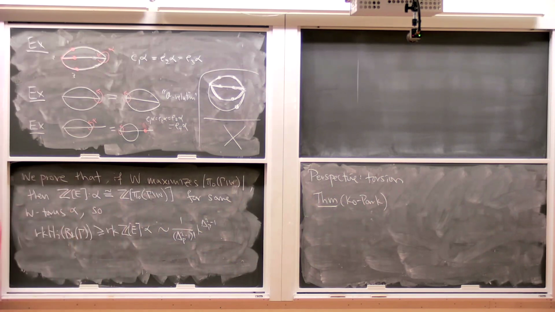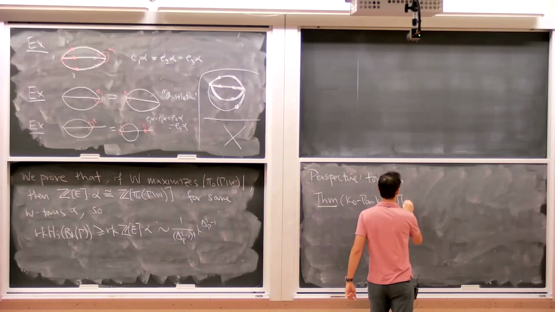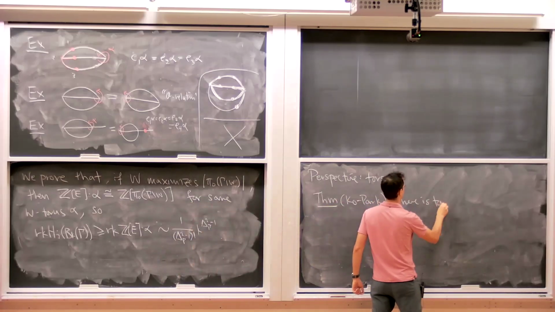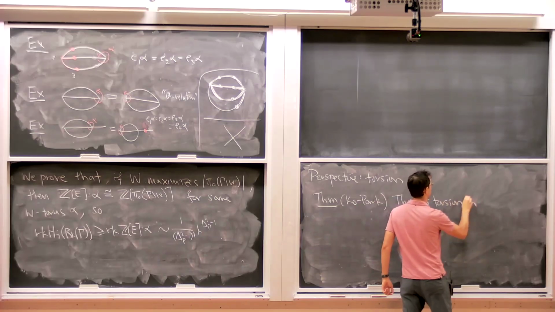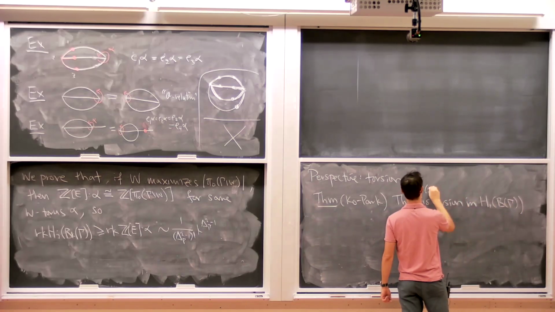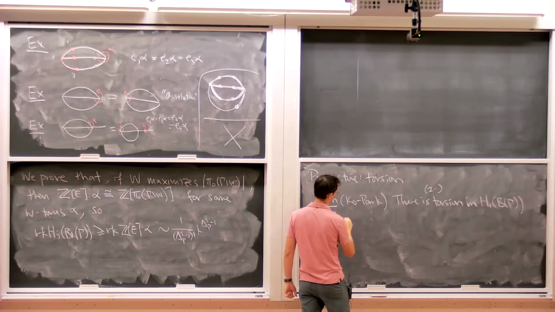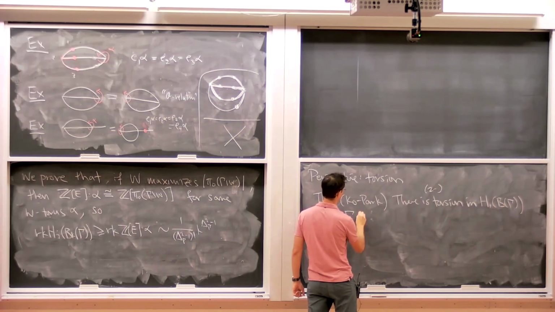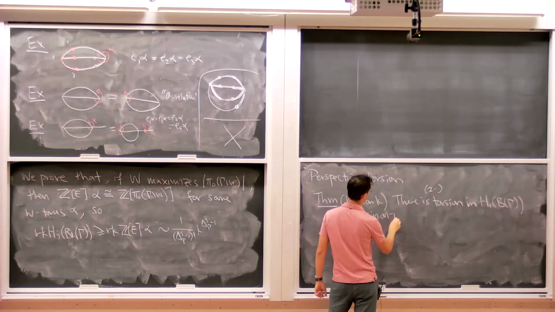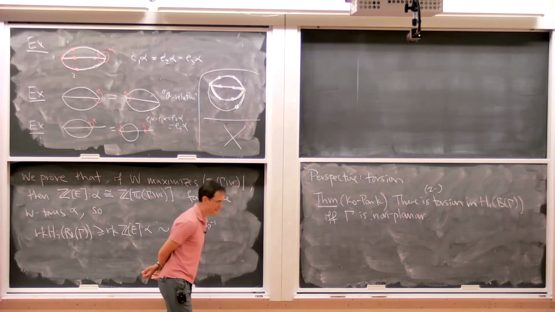So there is torsion in H1, in fact, it is two torsion, if and only if the graph is non-planar. I think this is essentially the Van Kampen construction.